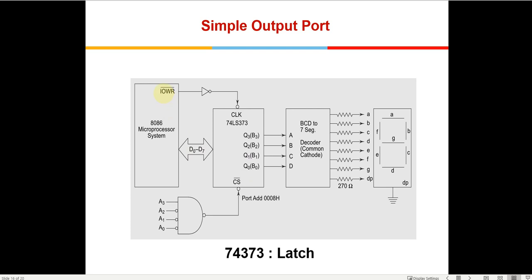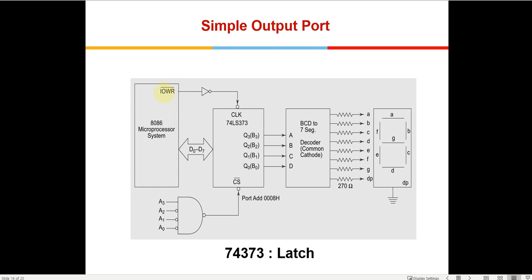We can use the input output and memory signal which is available, and also the read and write signals. This is shown here as the IO write bar signal, but it is not a single signal. It needs to be generated by using 2 different signals from the 8086: one is the memory/IO bar signal, and the other is the write bar signal.